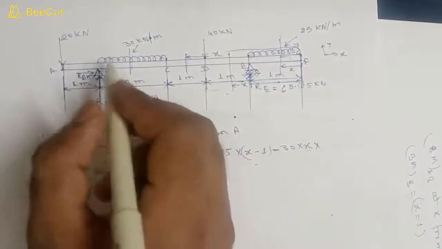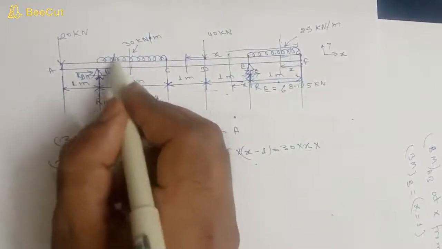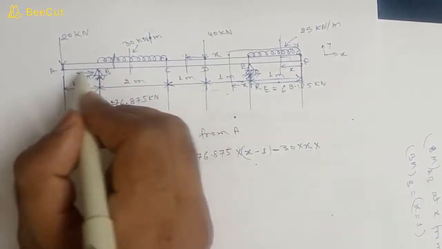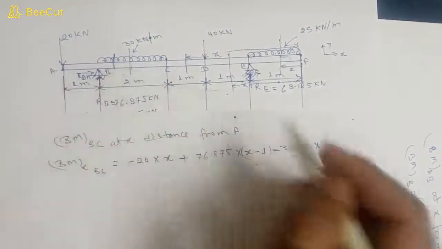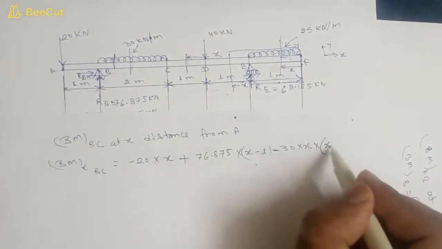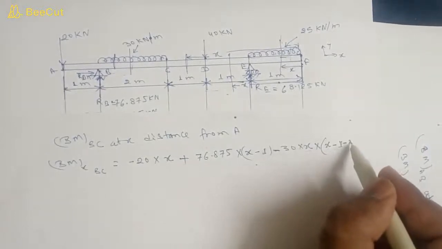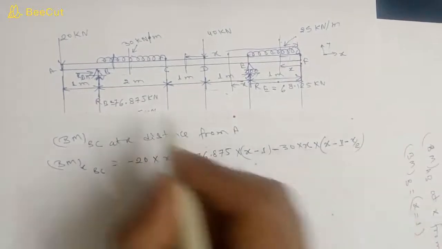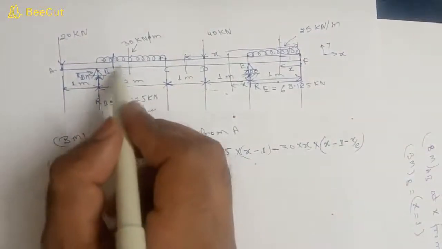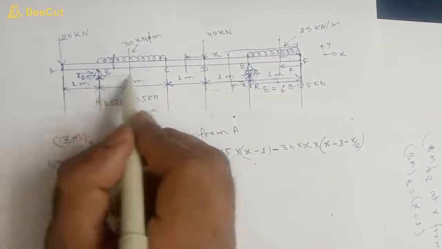Suppose this is the centroid, half of this length, so this distance will become x minus 1 into x by 2. So x minus 1 minus x by 2, so it will become x minus 1 by 2.